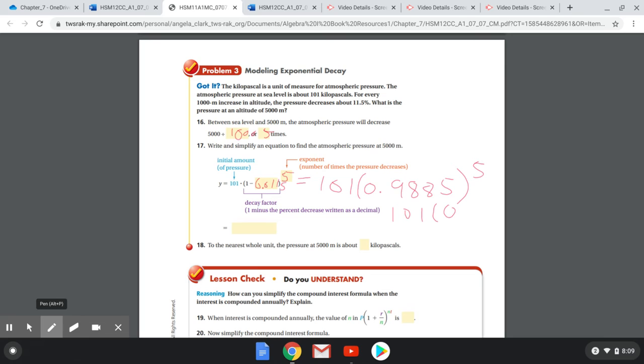So 101 times 0.944 approximately. Again, if you just leave that in your calculator, you'll get an exact answer.